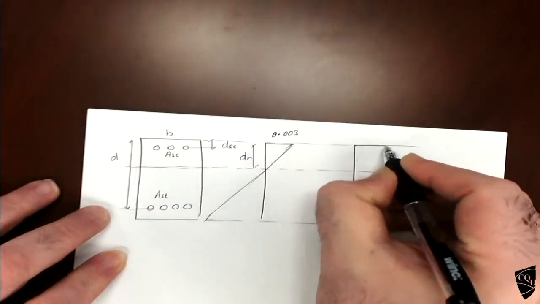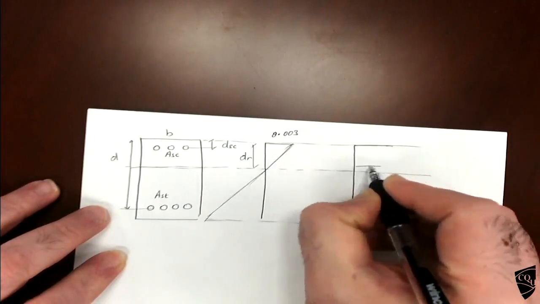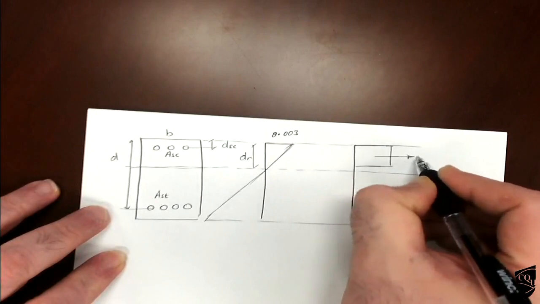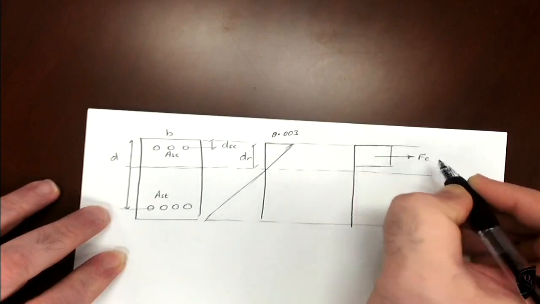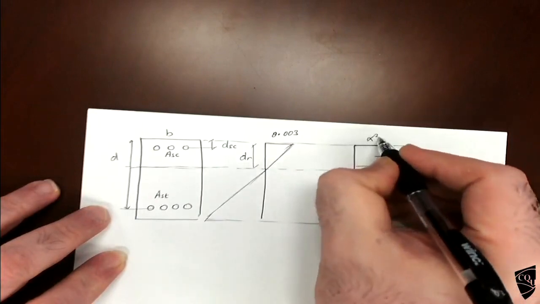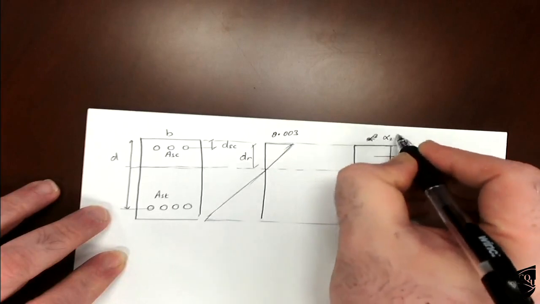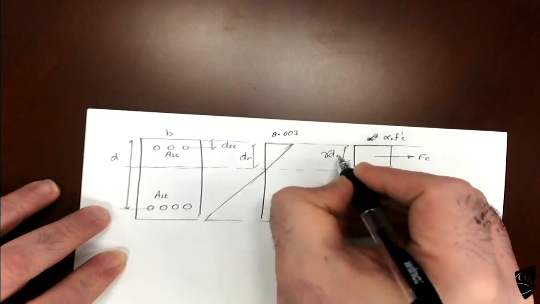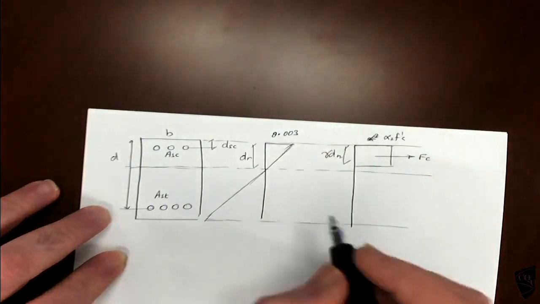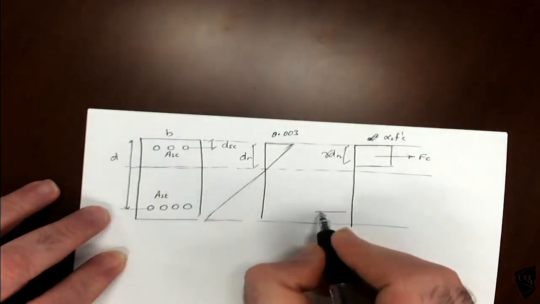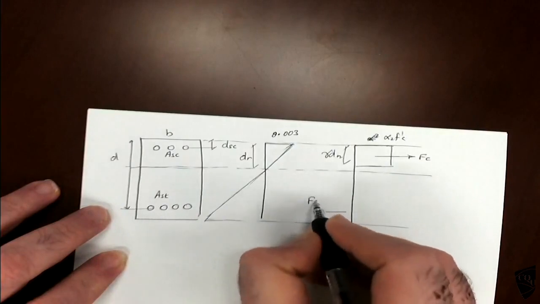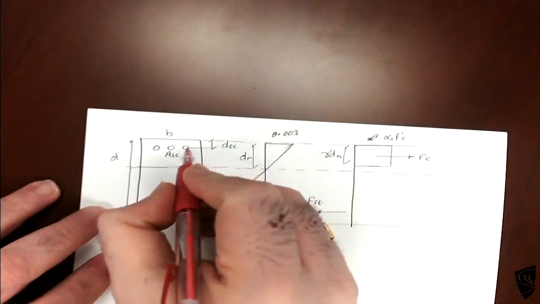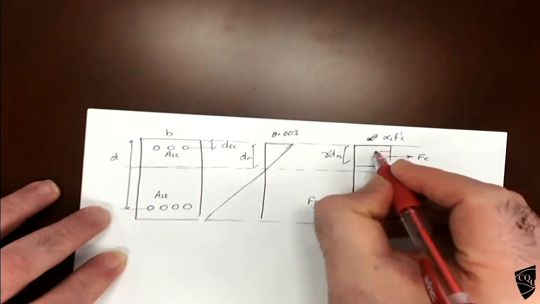If you don't have compression reinforcement, you have a rectangular stress block with alpha 2 f'c and gamma dn, and you have a steel force Fst. We have an additional term here. There is some force that will be there.